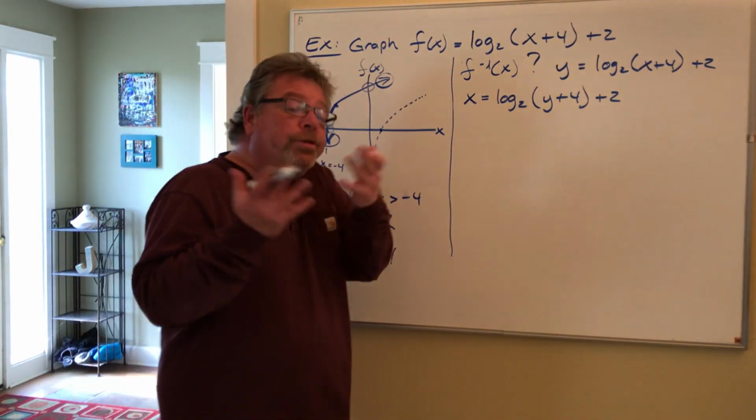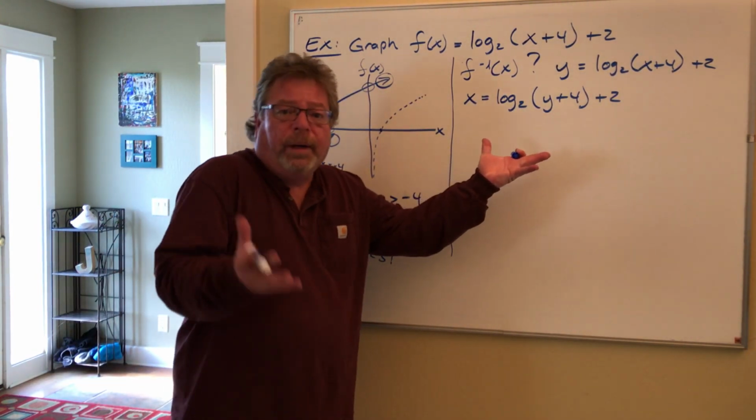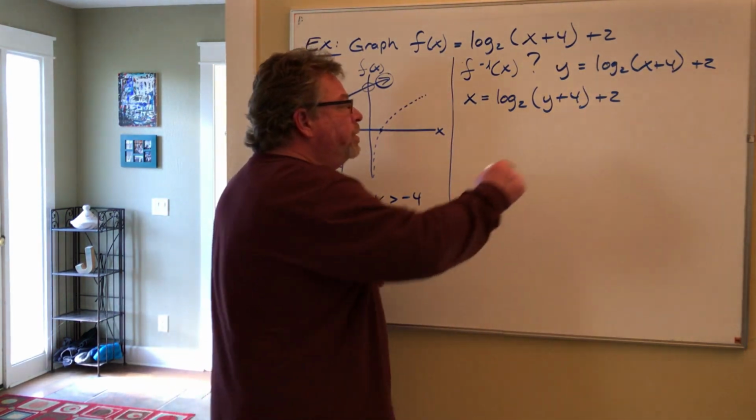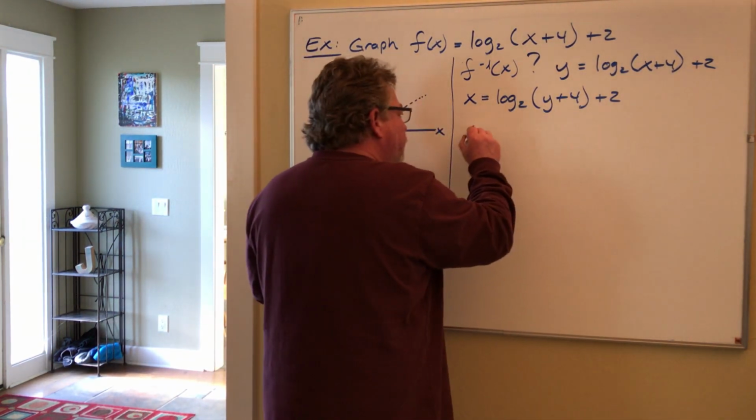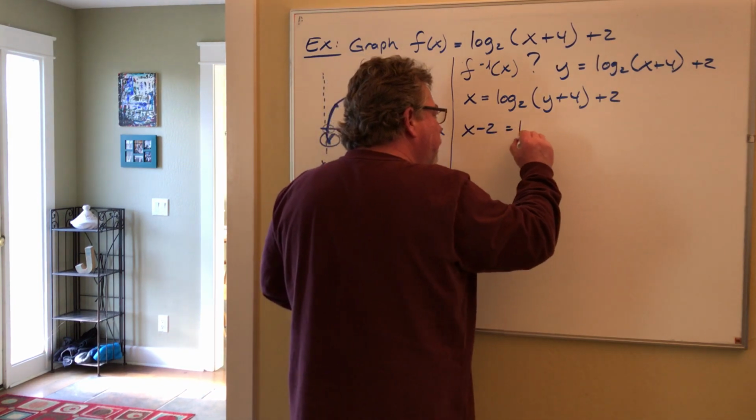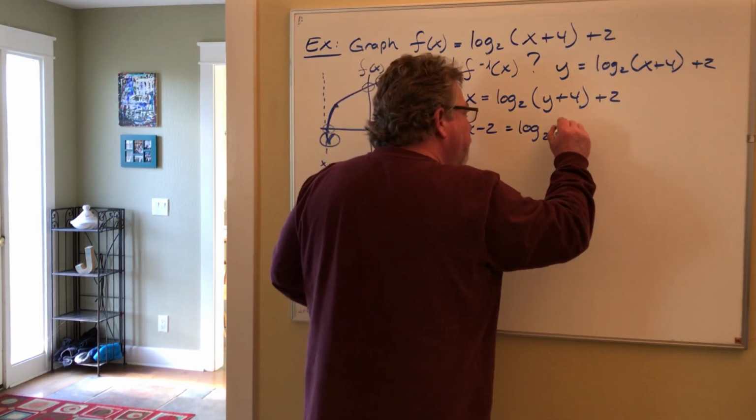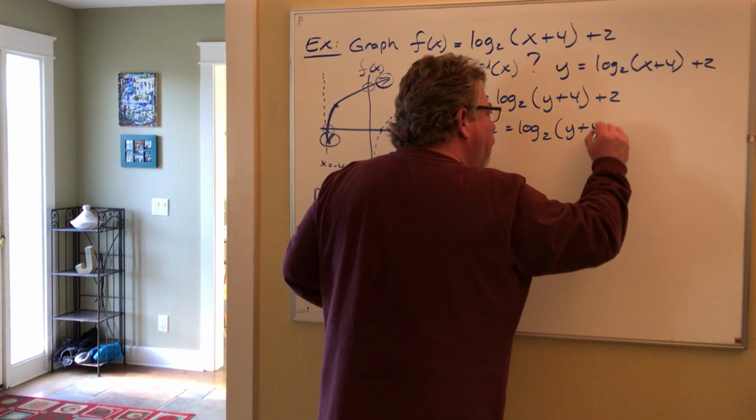Okay, so here we go. We're solving a log equation here. We just talked about how to do this. So I'm going to subtract 2. That'll give me x minus 2 is equal to the log base 2 of y plus 4.